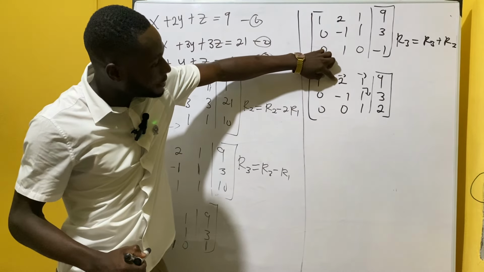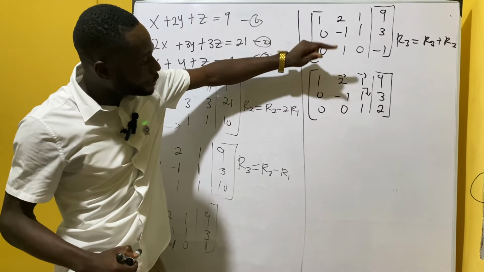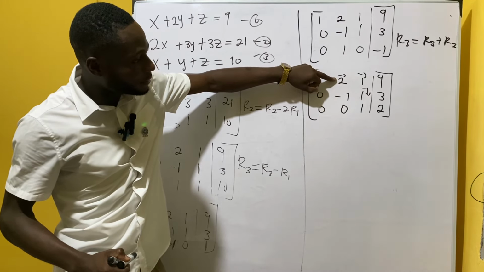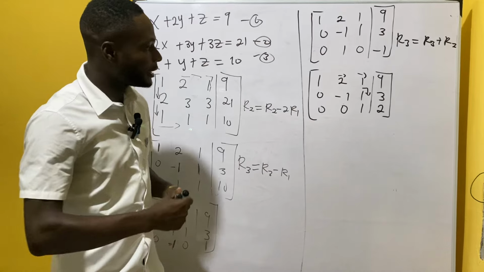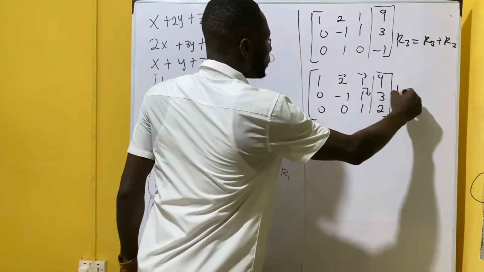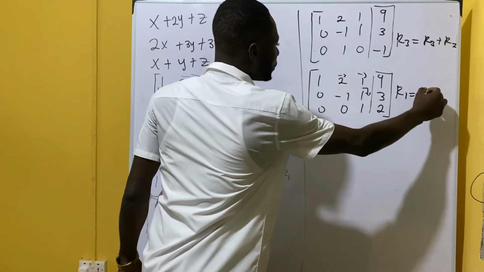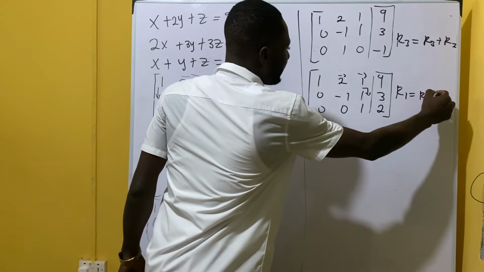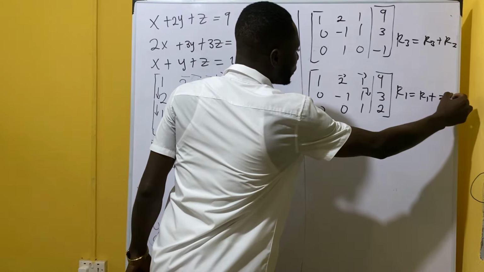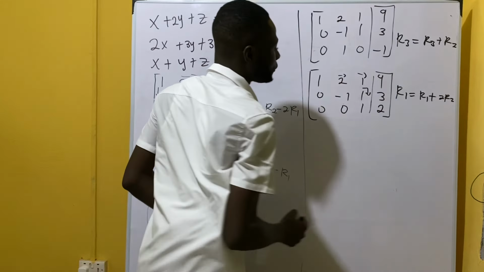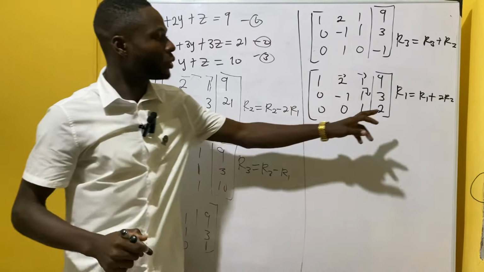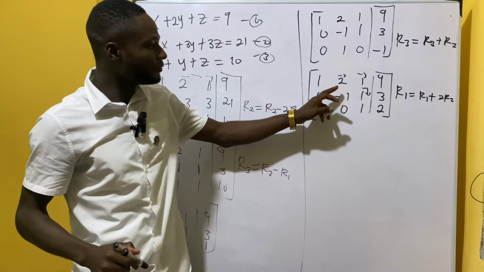You stand on this, then use this one to eliminate it, right? So we can say that row 1 should be equal to row 1 plus 2 row 2. Row 1 plus 2 row 2 is going to give us 0 right here.